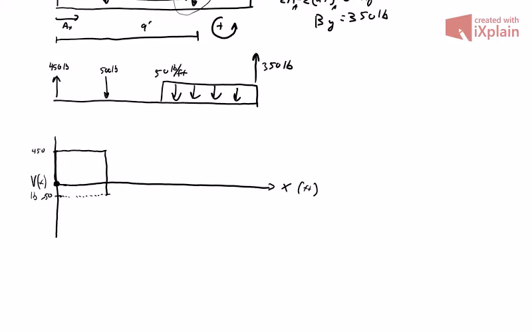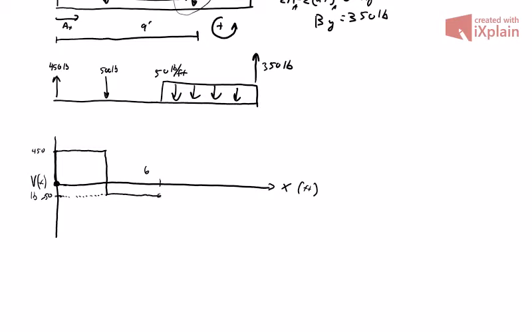So then we have no forces for a while, and then we get to 6 feet, the start of our distributed load. Because we have a negative force, it tells us we're going to start going down. Just like in the previous example, when we integrated to go from a horizontal line to a linear slope, it's going to be the same kind of thing.